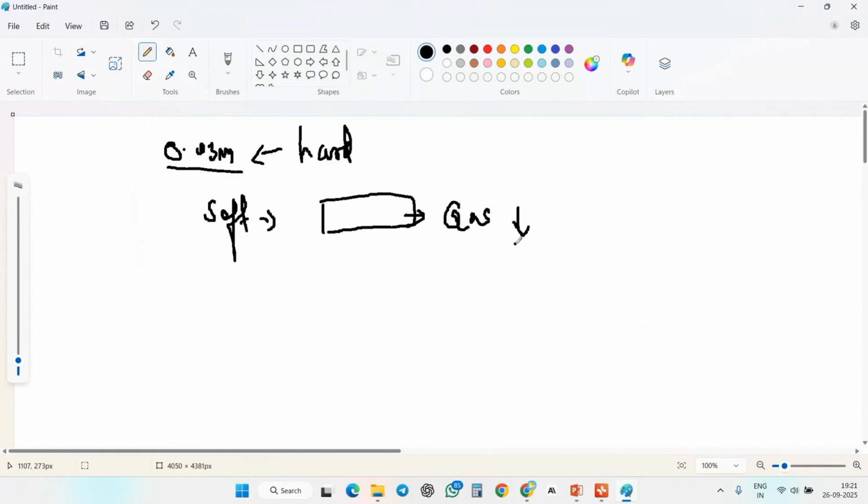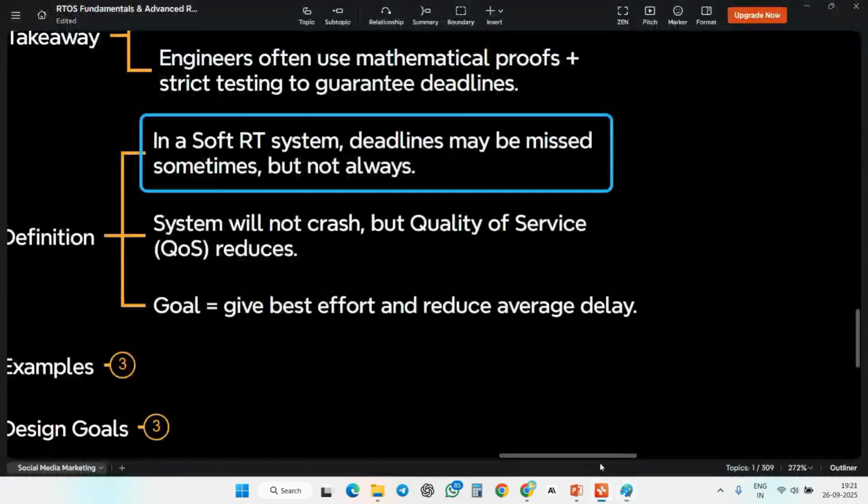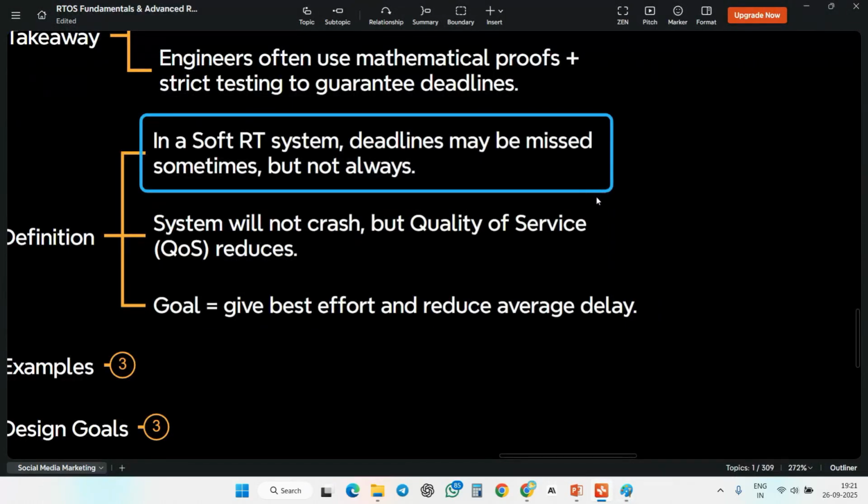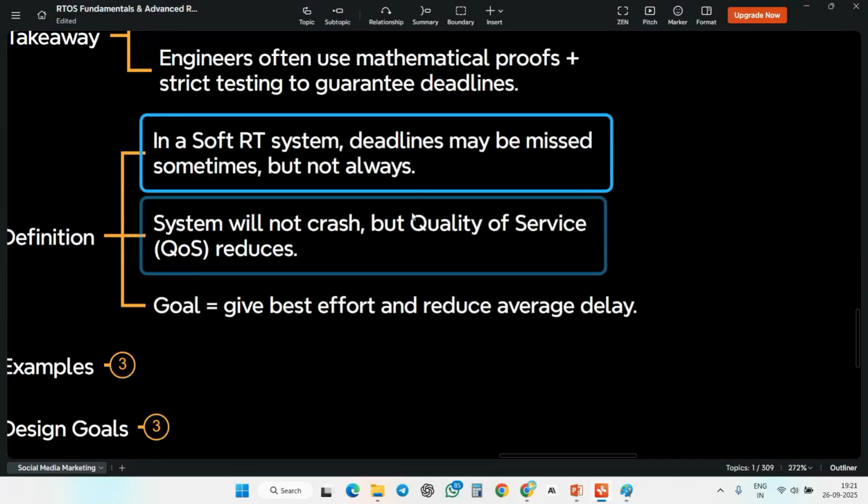When I'm playing a game, if it doesn't work at that specific time, if a hang or lag happens on your phone, it is not going to create a disaster. Only the quality of service is reduced. If soft real-time misses happened every time, it would totally spoil the product.